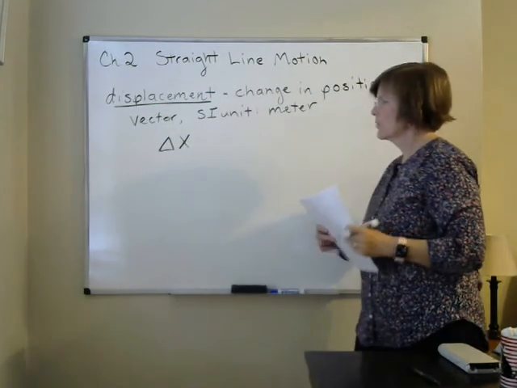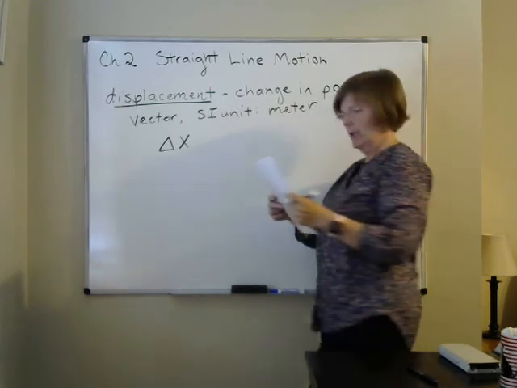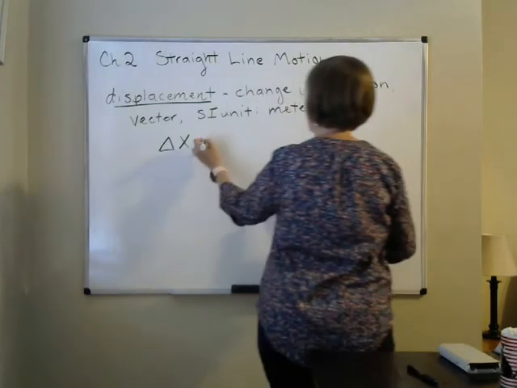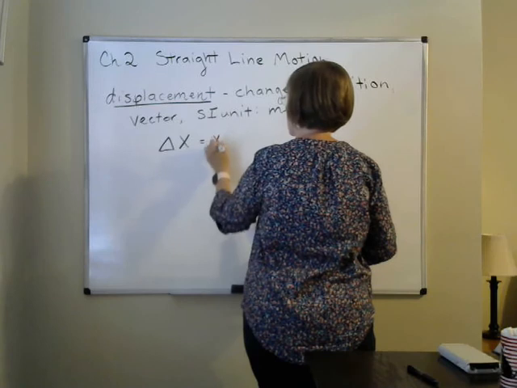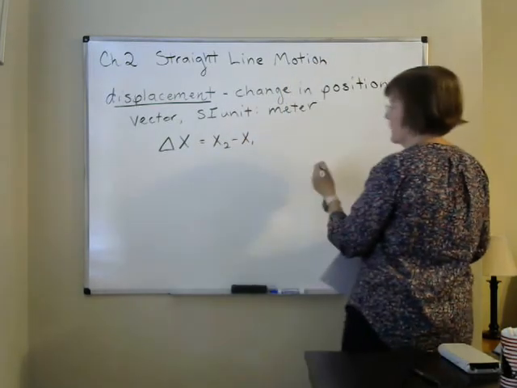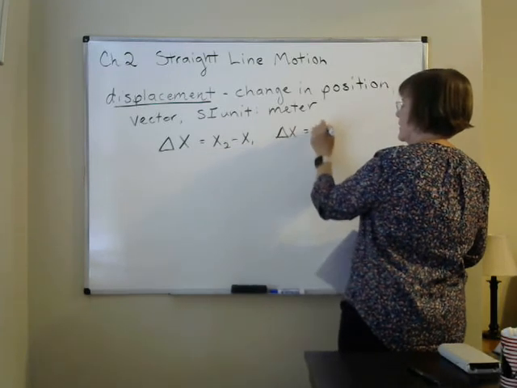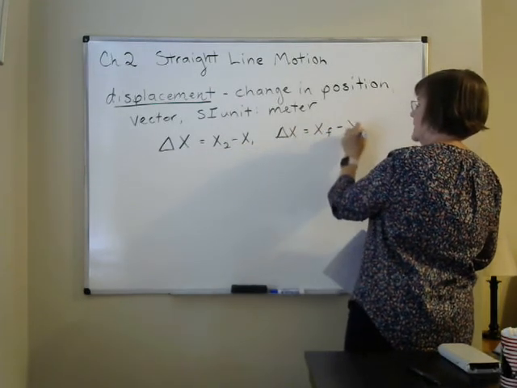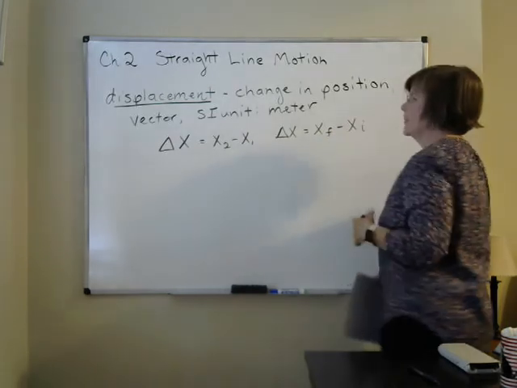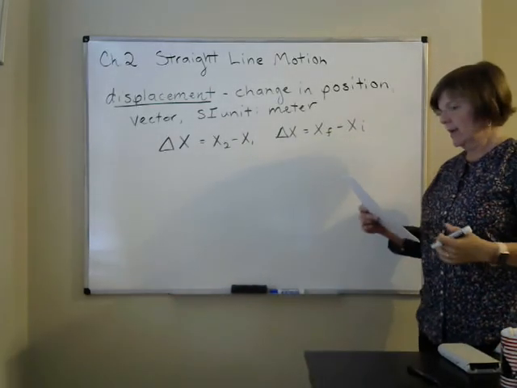Anytime you see this triangle, that's a Greek letter delta, and it means a change. We usually write it x2 minus x1. Some books might use final minus initial, but a displacement is simply a change in position.